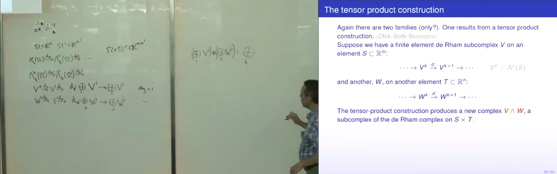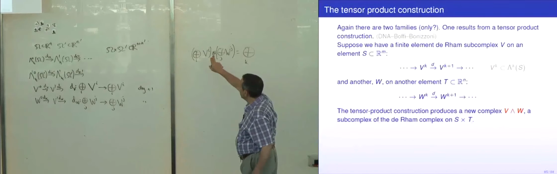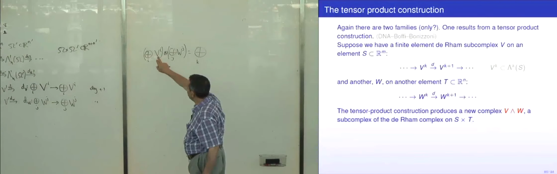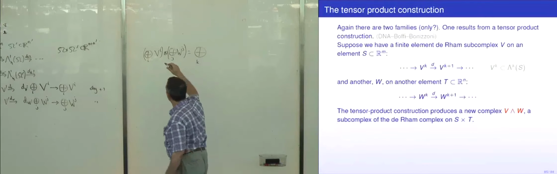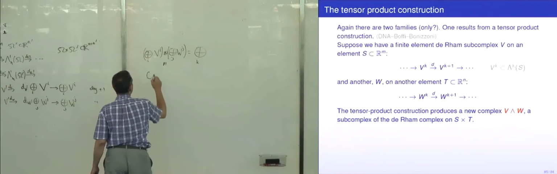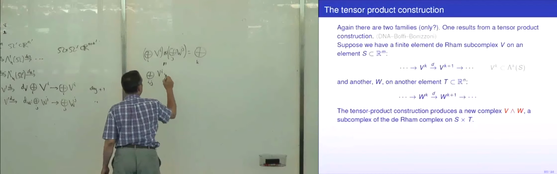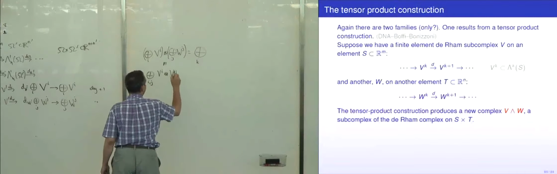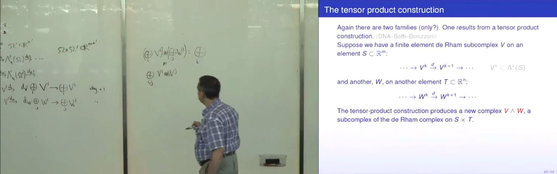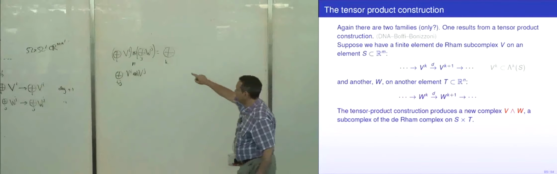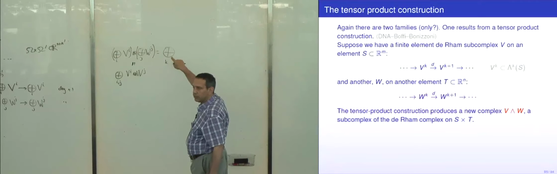Well, what am I going to do? Tensor product is bilinear, so I'm going to get pieces V_i tensor W_j. So here I'm going to get the sum over i and j of V_i tensor W_j. And I want to collect them by k, which goes from 0 to infinity.